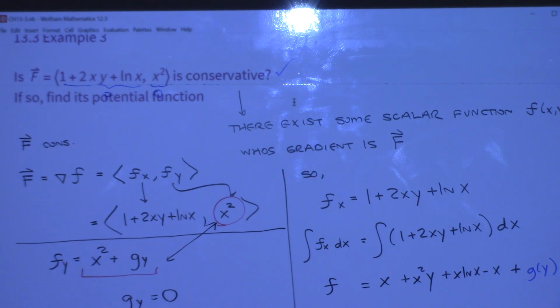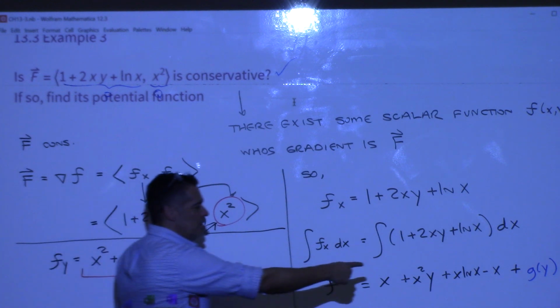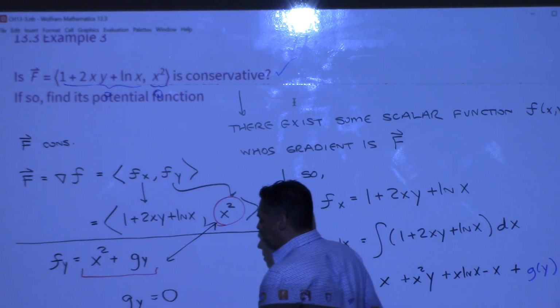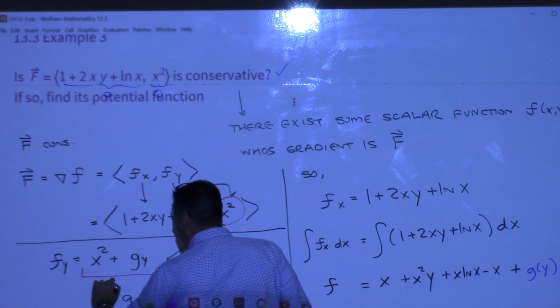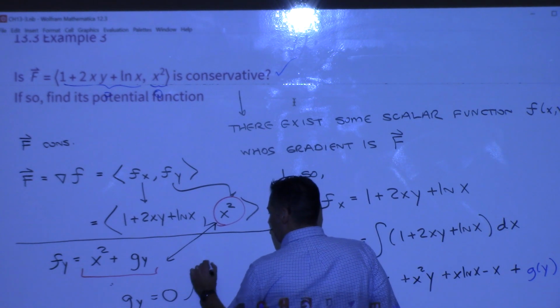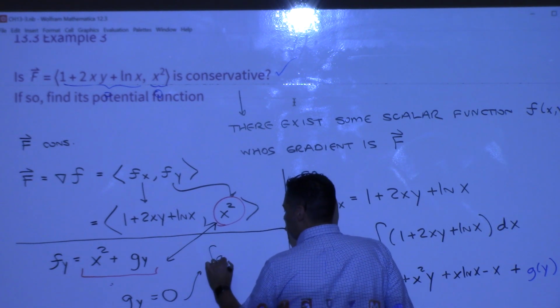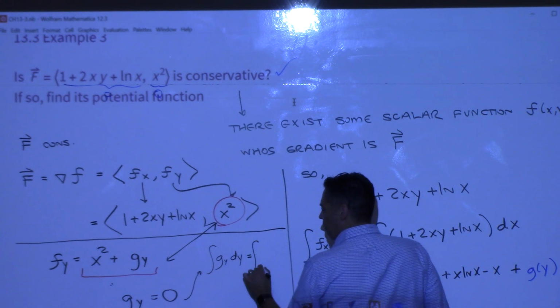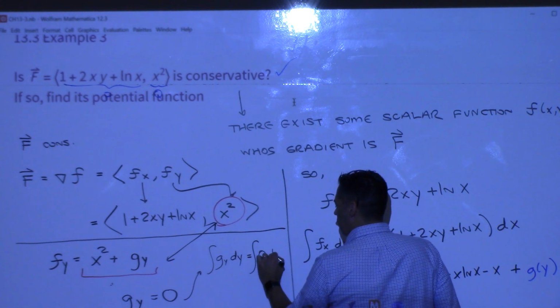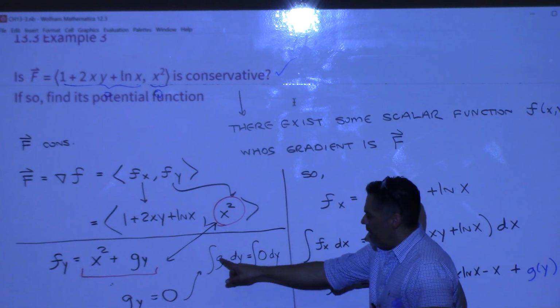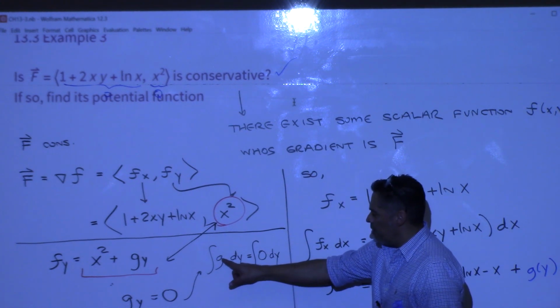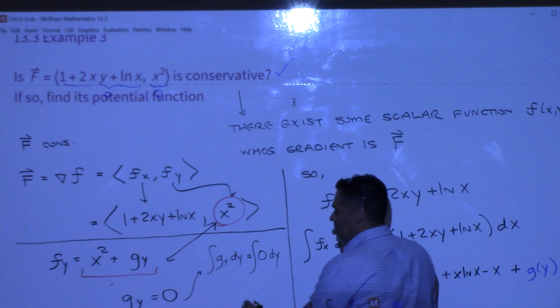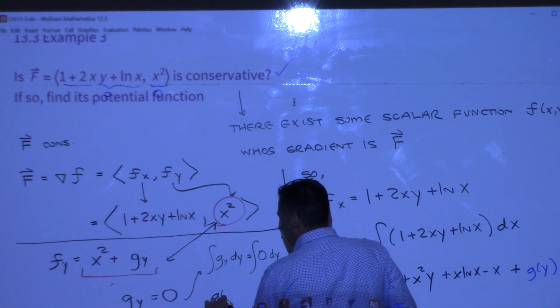So I need to know what g of y is, right? And all I can tell you is this. If I integrate both sides with respect to what? Y. The antiderivative of the partial of g with respect to y should just give me what? G of y.